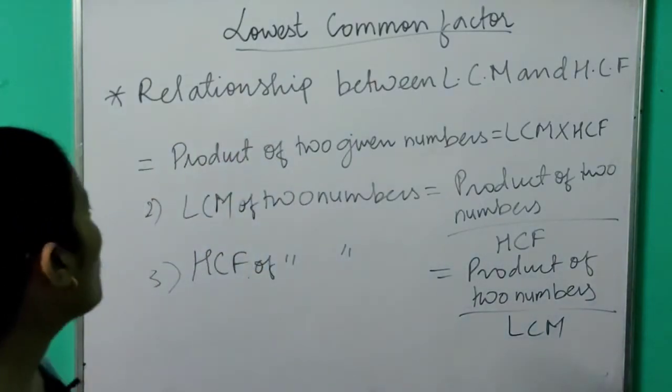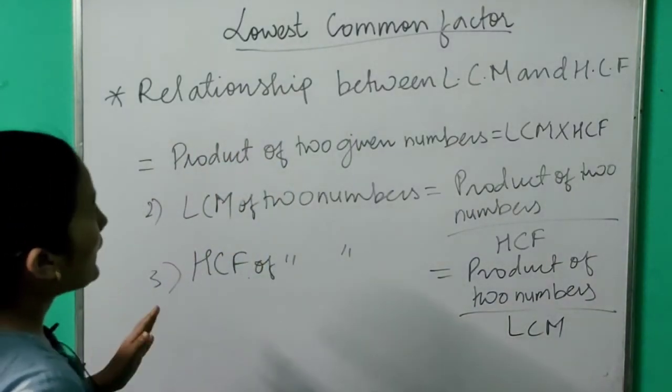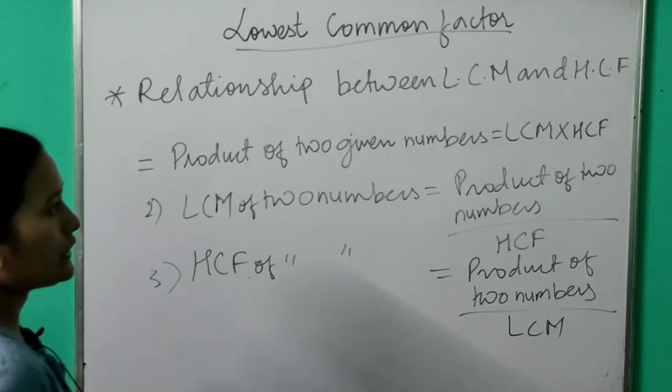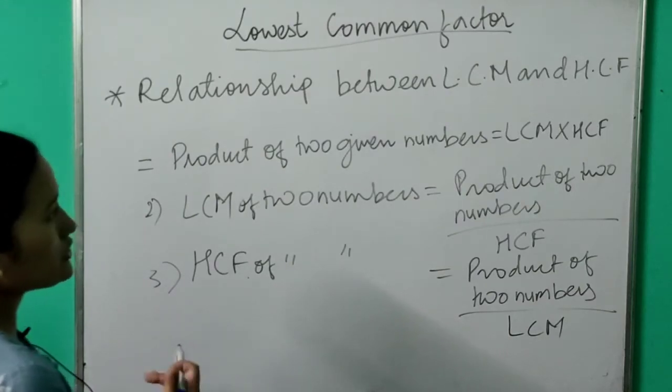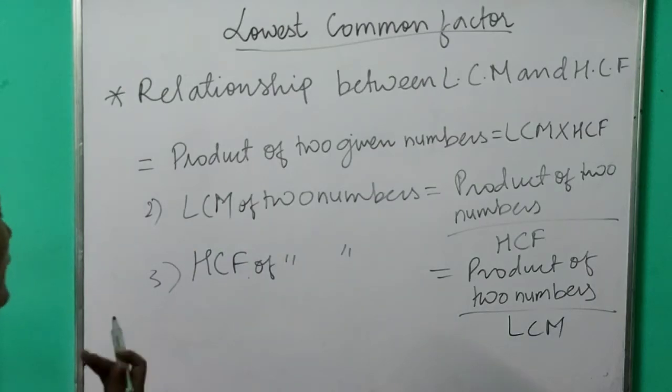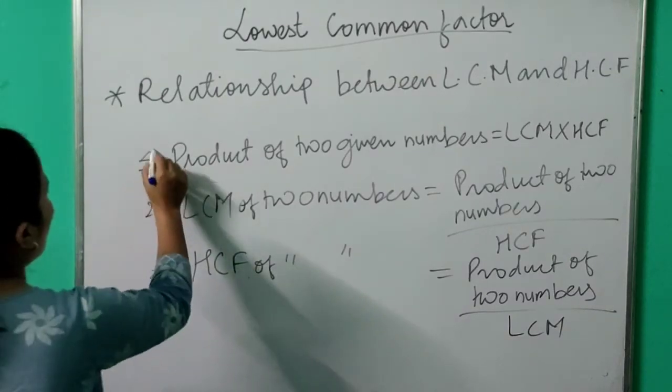So next, in order to understand how LCM and HCF are related to each other, the relationship between LCM and HCF, you have a certain formula by the help of which, if two numbers are given, you can easily find the LCM and HCF of those numbers. So you have to remember this particular formula.